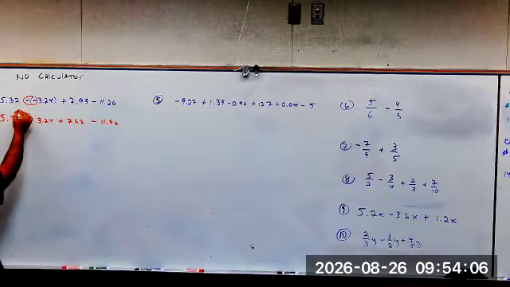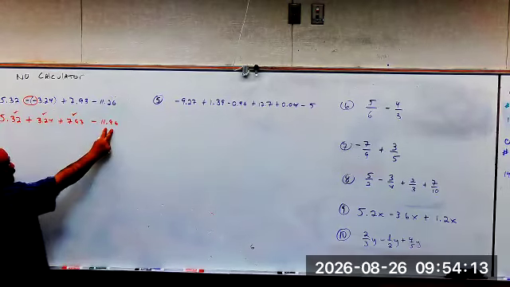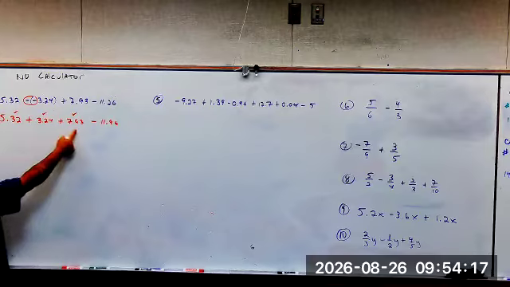And you see that you have a positive and a positive and a positive. So you're going to add those 3 numbers together, and then you take away 11.96. It might be easier if you rewrote this vertically.